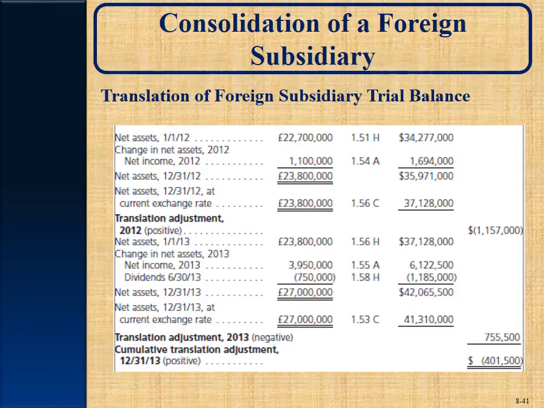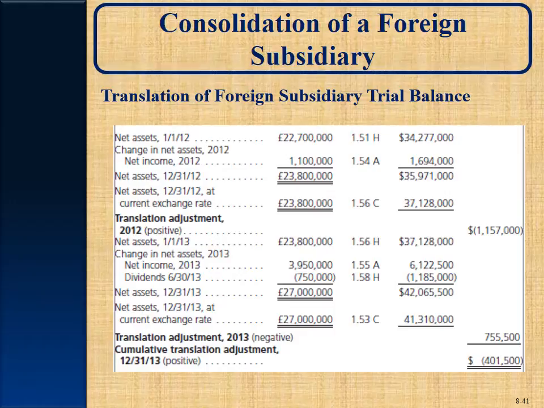So, net assets on 1/1/2012 equated to $34,277,000 because when we bought them, that was the historical. We add the net income for the year at an average for 2012, $1,694,000.